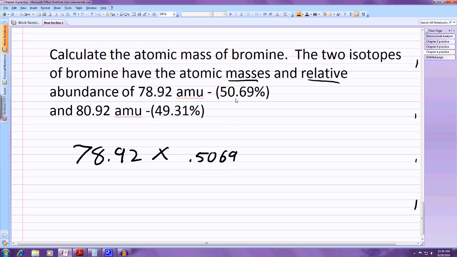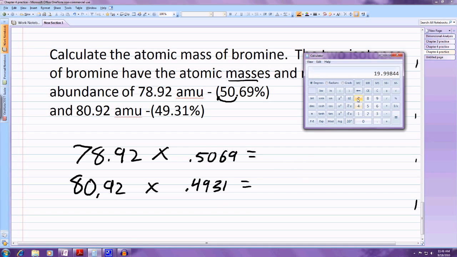Remember, we put that in decimal form, so we divide by 100, basically moving the decimal place over 2 places. We do that for our second one, 80.92 times 0.4931.